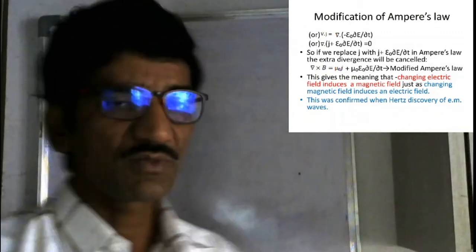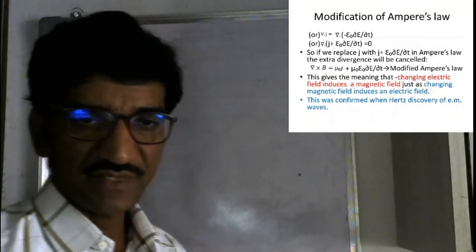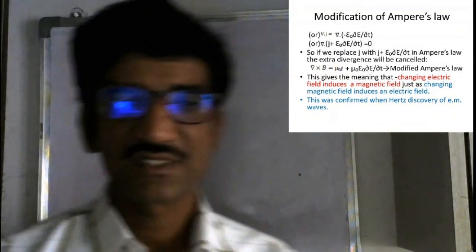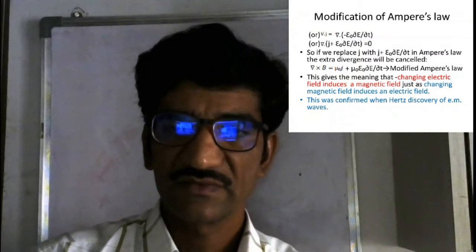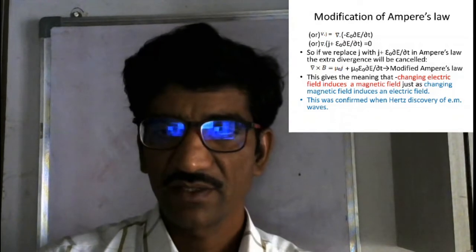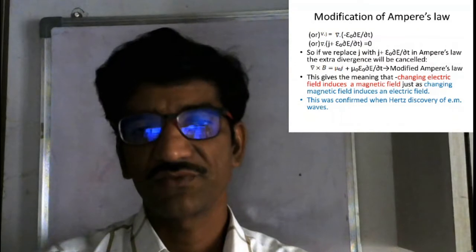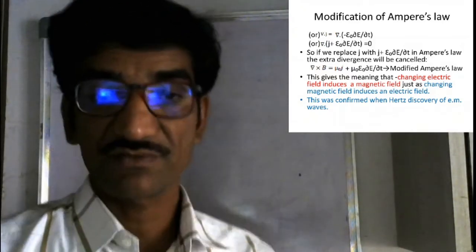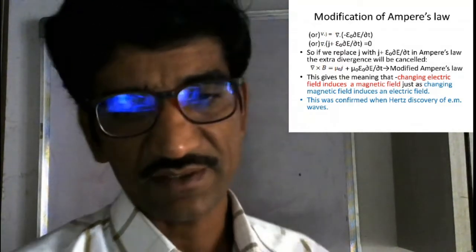Okay, what is the proof for this? Changing electrical field will create the magnetic field. The proof for this came later by Hertz, who confirmed the existence of electromagnetic waves, which are the byproduct of this modification of the Ampere's law and subsequent Maxwell equations, which we will go through later.